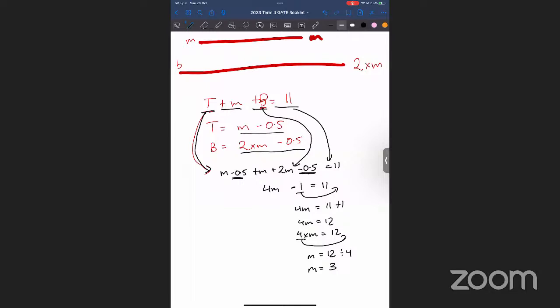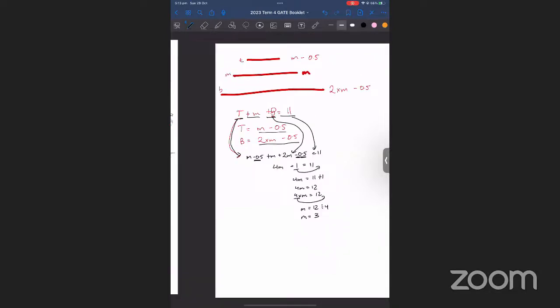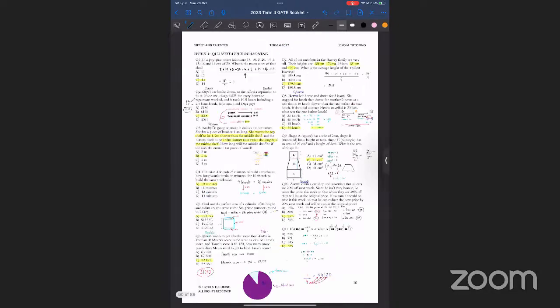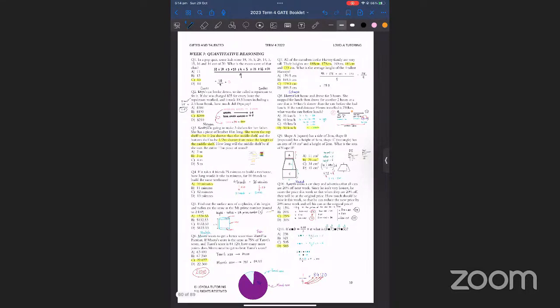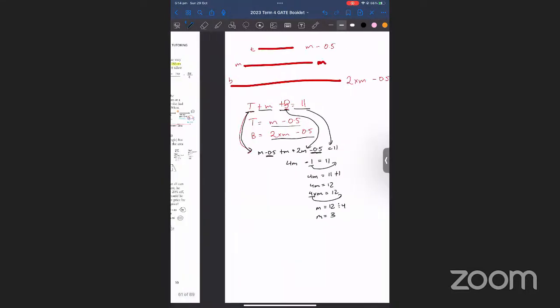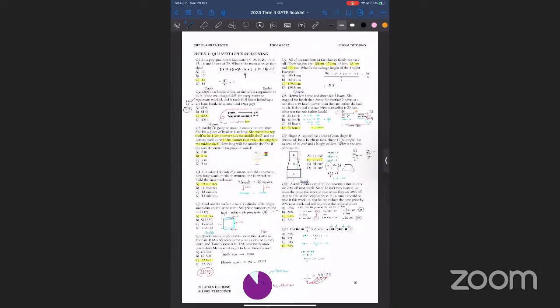But as a teacher, I want to teach you how to do the questions. There are other weeks where there will be questions where it makes sense to simply sub in the answers and you'll be able to solve it faster. But in this question, I prefer you not to do that.